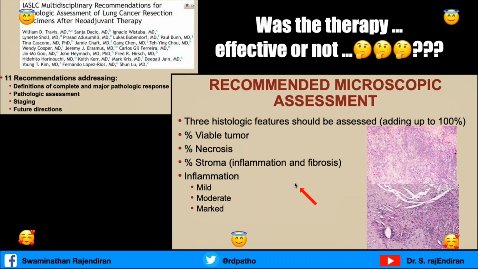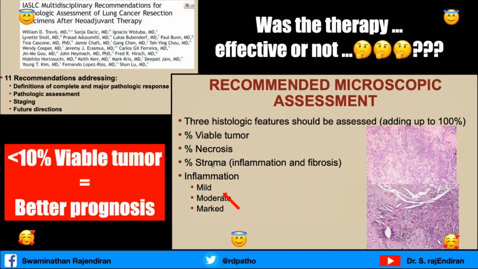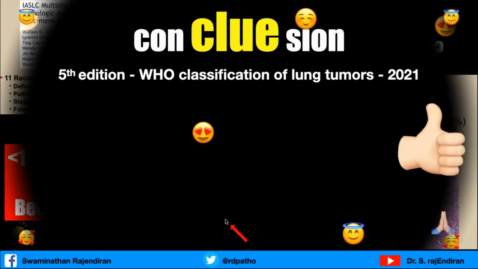The main takeaway point is that 3 histological features should be assessed, and they have to be given as percentages that add up to 100%: viability of tumor, necrosis, and stroma with the inflammation. The inflammation has to be graded into mild, moderate, and severe. And when the viable tumor is less than 10% after post chemotherapy, the prognosis is very good. That's why we have to assess this.